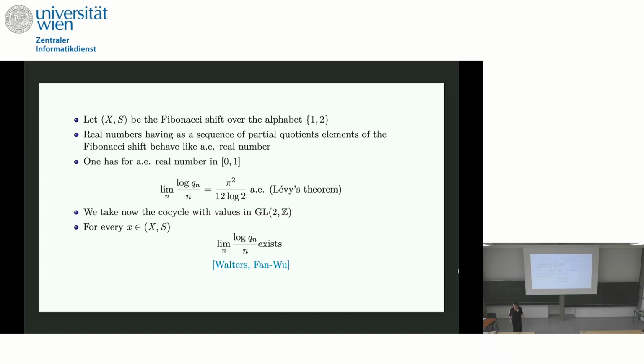It obviously cannot give the entropy. But for these elements, using results by Walters, Fan, and Wu on existence of Lyapunov exponents, the product of matrices governed by the Fibonacci word has also a nice Lyapunov behavior, and you have also a nice Levy constant.